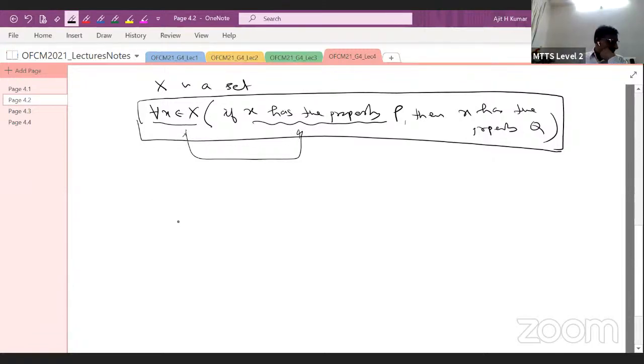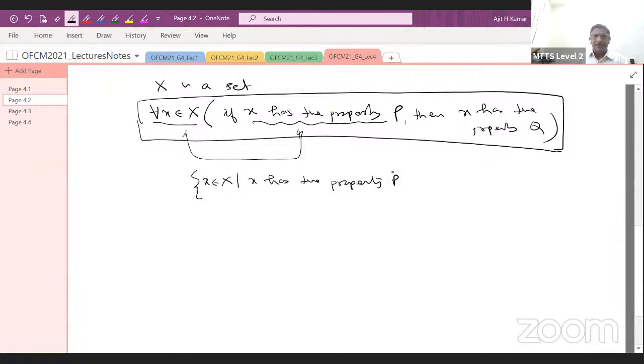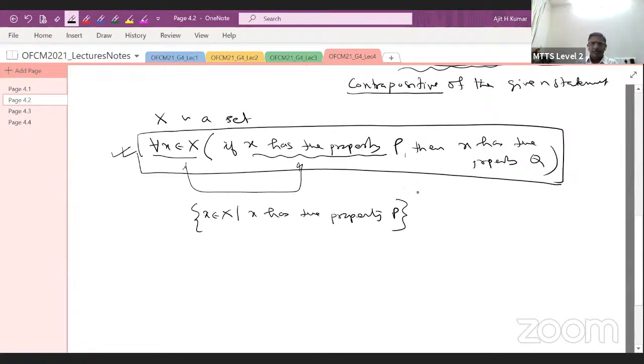If you want, I can make a set: take all x in X such that x has the property P. This is my another set, all those x in X which satisfy this property P. Okay, so can we now rewrite this statement?